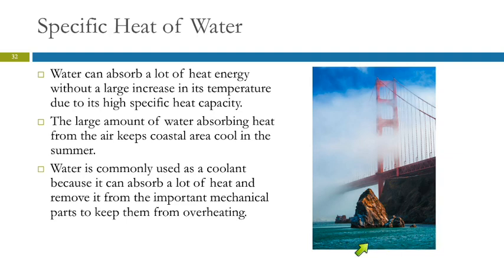Because there's this huge body of water, as it absorbs energy from the sun, the temperature only changes a little bit, whereas the temperature of dry land goes up much higher. And so the large amounts of water moderate the temperature that area experiences.